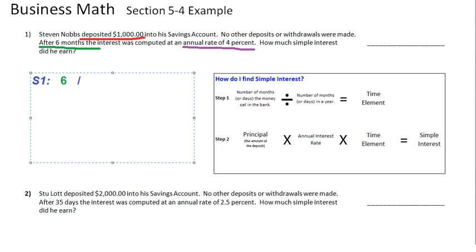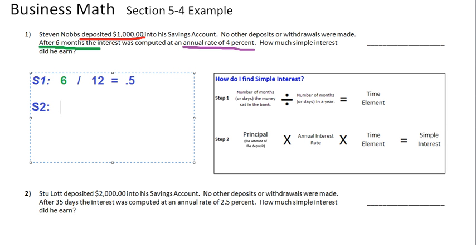How many months are in a year? Well, that's 12. And what you get is 0.5. Now, that's not our answer. That just gives us the time element that we need to do step 2. So now that we've got 0.5, let's go on and do step 2.